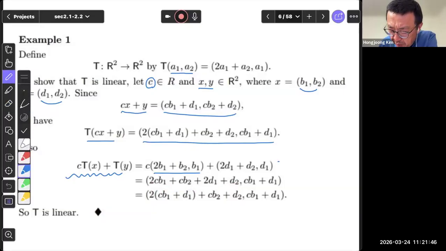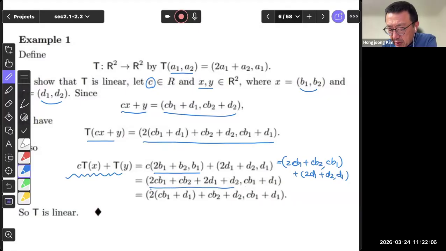So that will be the vector 2cb1 plus cb2 and cb1, plus the vector 2d1 plus d2 and d1. If you add these two vectors, then the first component is this and the second component is this. Or if I rewrite this, you get this one, which is identical to the previously obtained result. So the mapping will be a linear mapping.